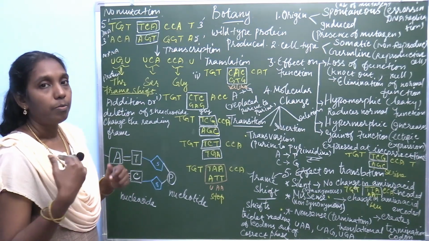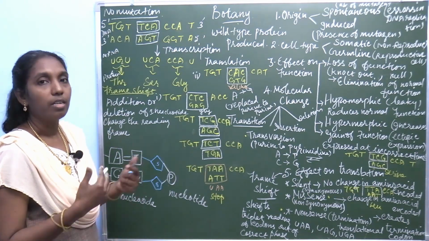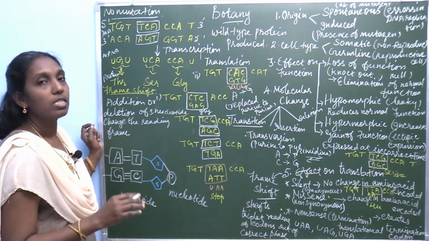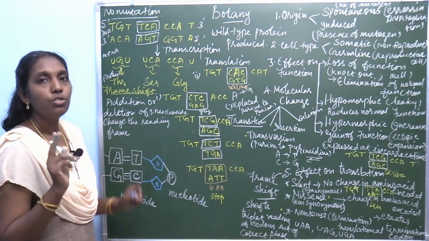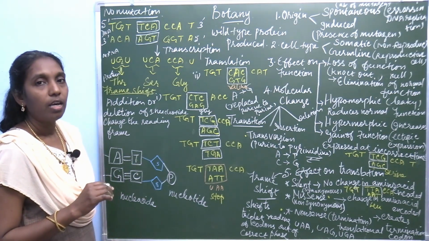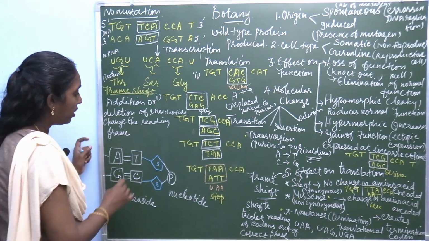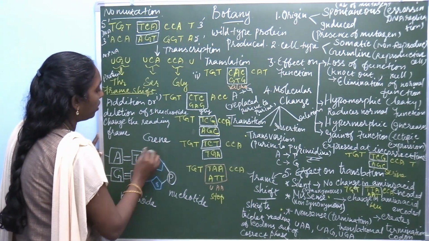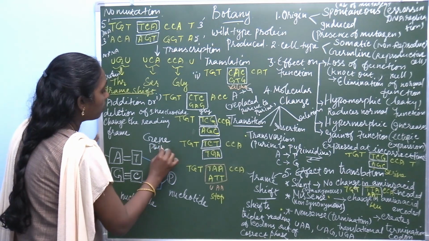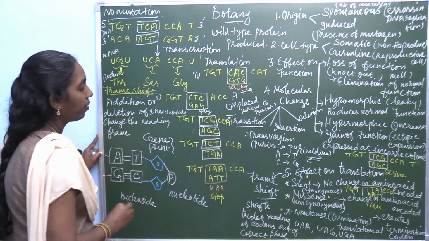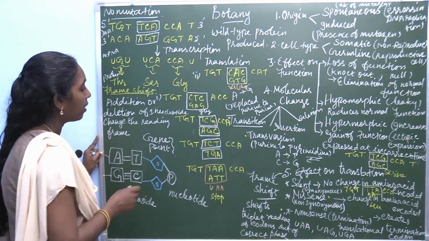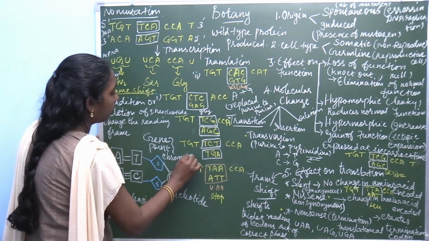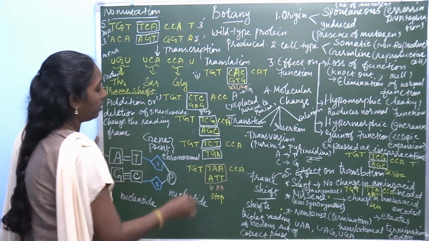Based on this, there are different classifications. Broadly, mutation is classified into 2 main types. They are point mutation, or gene mutation, and the second type is chromosomal mutation.